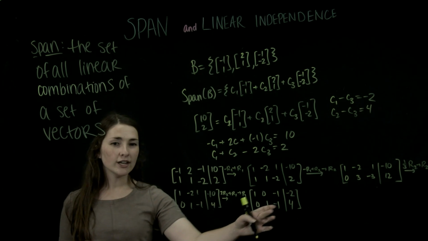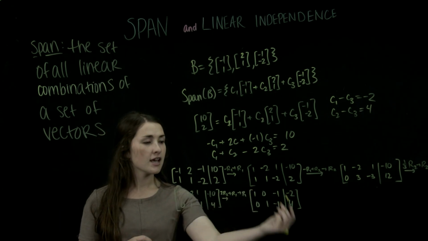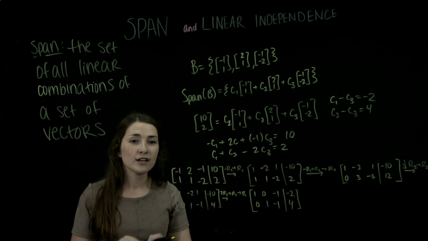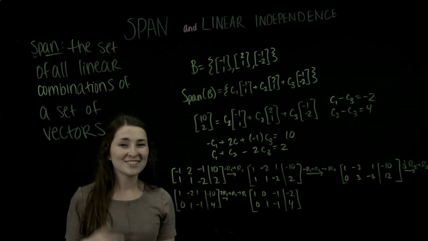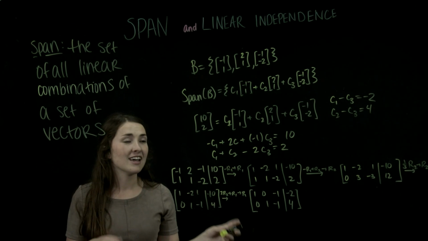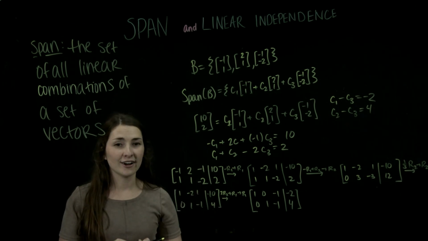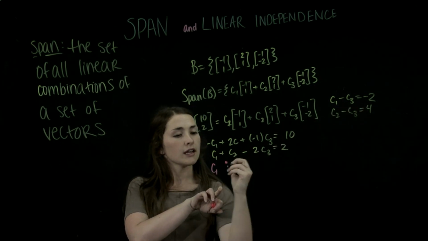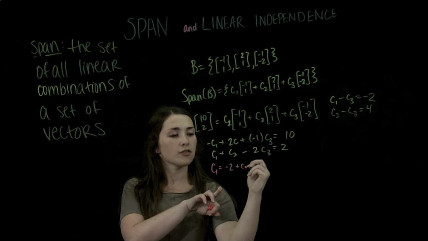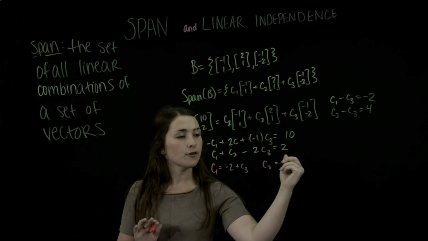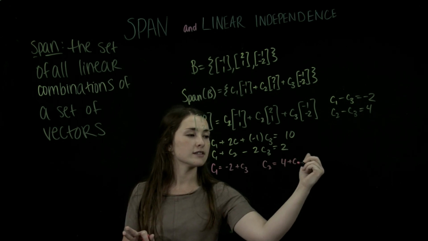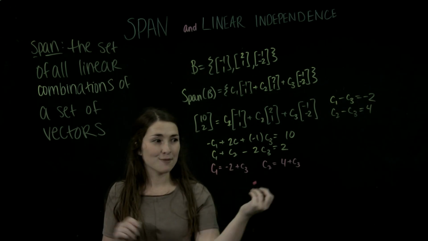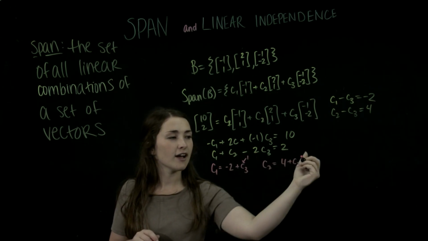So we have C1 and C2 as our pivot variables, and C3 is our free variable, so we can choose any value of C3 in order to find our (1, 0, -2). We see that C1 is going to be equal to -2 plus C3, and C2 is equal to 4 plus C3. So since C3 is our free variable, we can choose any value to plug in here.